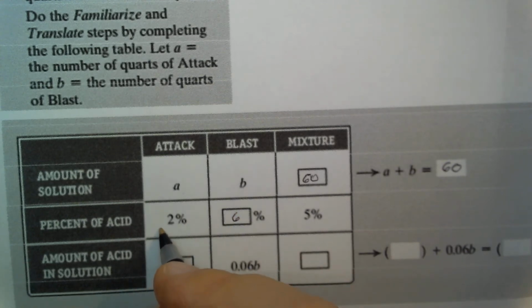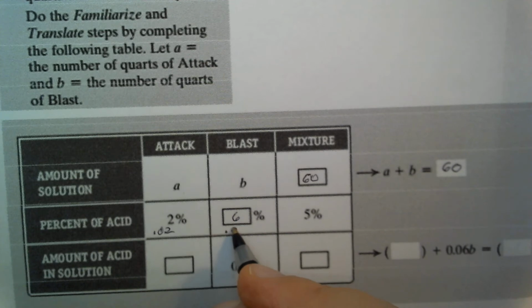As decimals, that's 0.02 and 0.06. So we have 0.02A and 0.06B, and that has to equal 60 quarts times 5%, or 0.05.